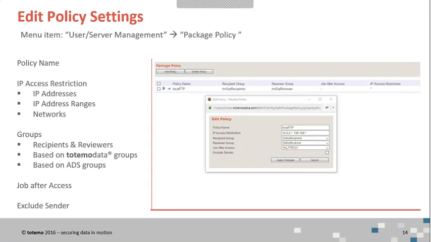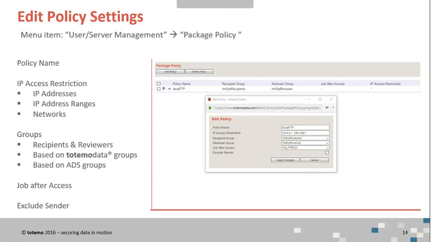Then you have fields for recipient and reviewer groups. And these are basically the groups that were configured using totemodata group management functionalities. And those groups were previously created and are basically linked to existing Active Directory groups.